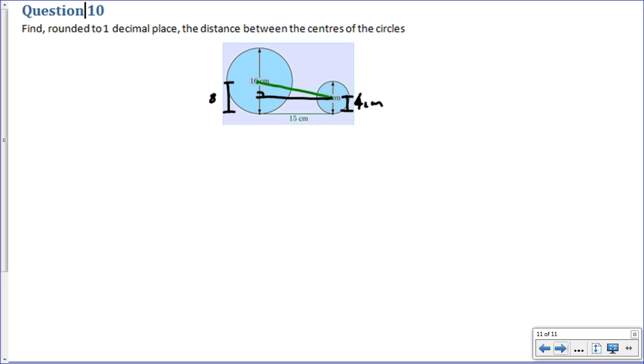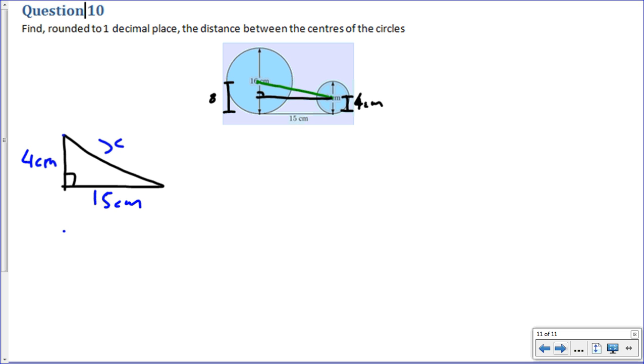So let's redraw this diagram just with our right angled triangle again. So for a triangle like that, we know that's the right angle there. We want to find this value here. We know the full length from there down to here was 8 centimetres. So the distance there is going to be 8 take 4, so it's going to be 4 centimetres. And this is going to be 15 centimetres.